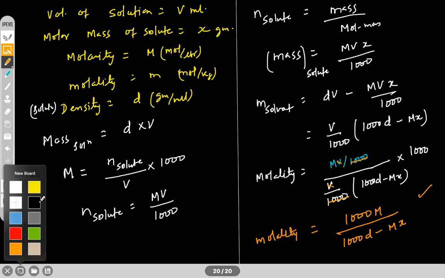You see this? What is the molarity given in the question? Molality is equal to 1000 M divided by 1000 D minus MX.